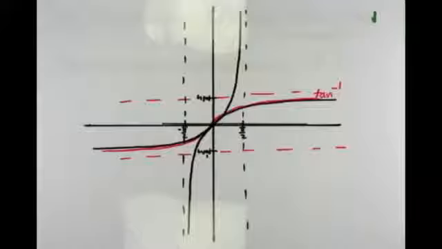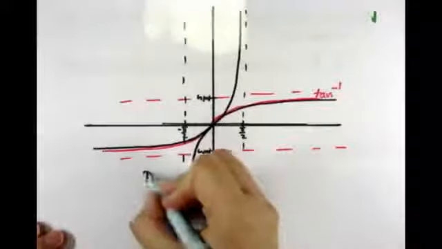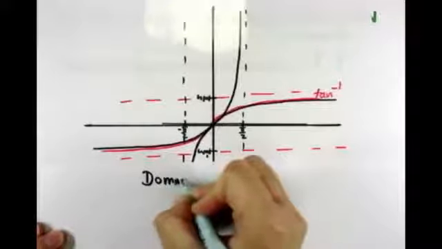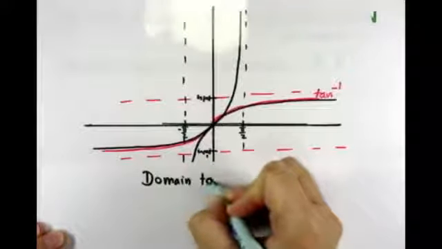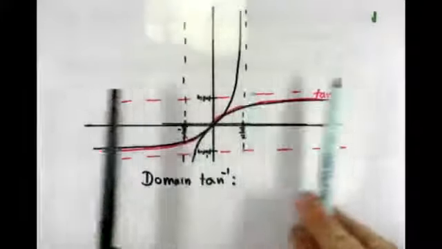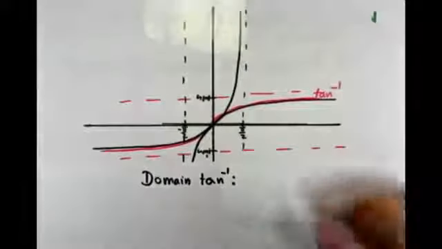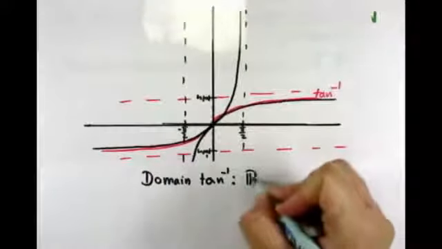So let's find the domain and range. Domain of tangent inverse is the window on the x-axis. My red graph keeps going from -infinity to infinity, so all real numbers.